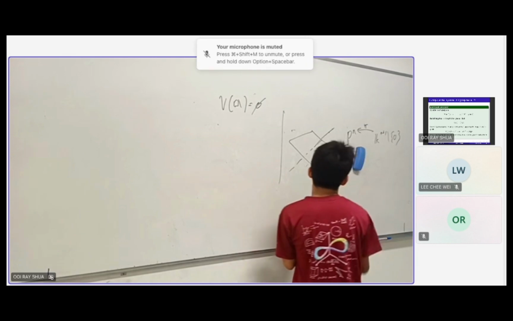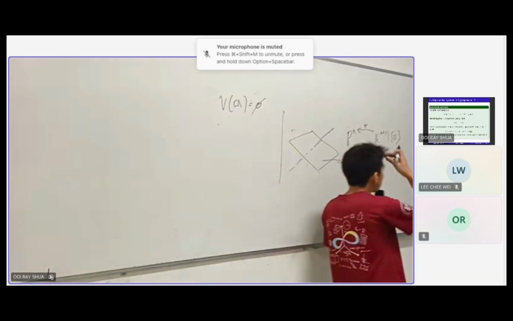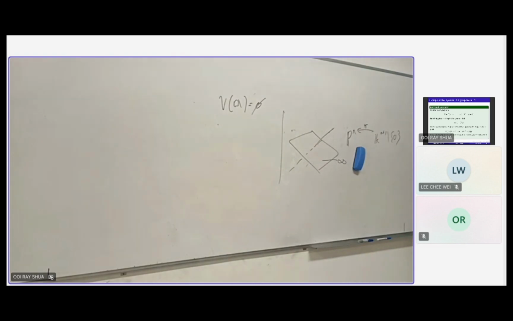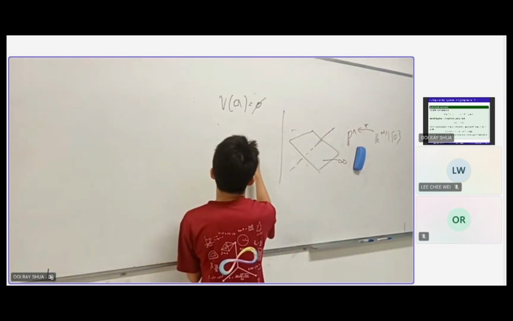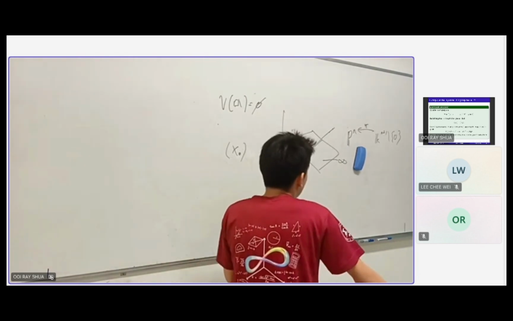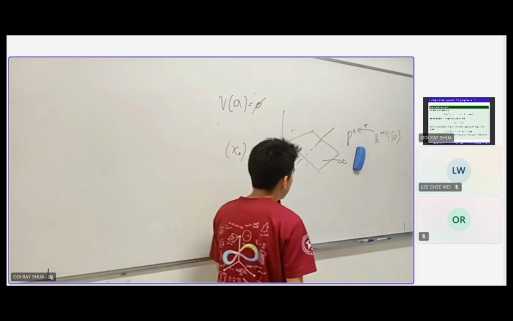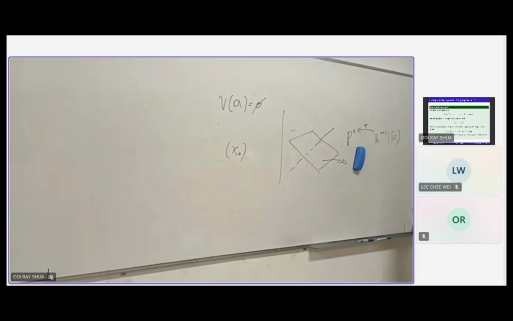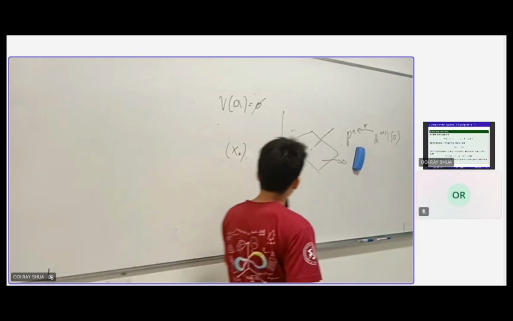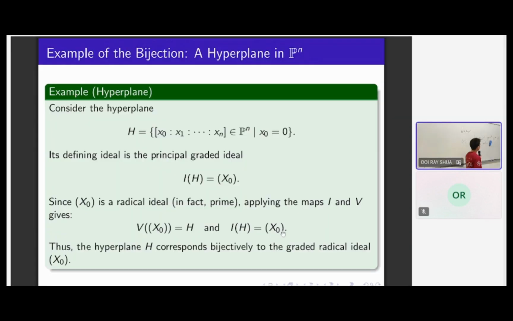The corresponding ideal, since it can be seen from the condition set that it equals 0, is just the ideal generated by x0. So this ideal corresponds to this hyperplane at infinity. Maybe this example is quite trivial, but if you try it with more interesting non-linear polynomials, it will still work.